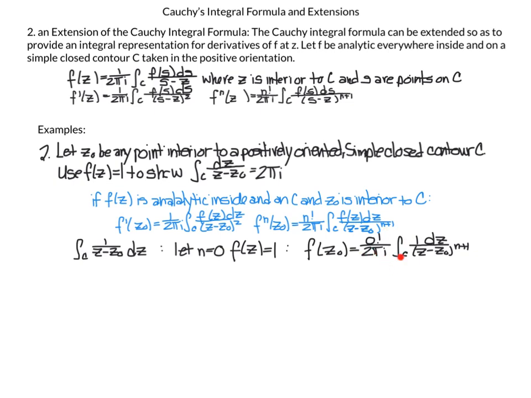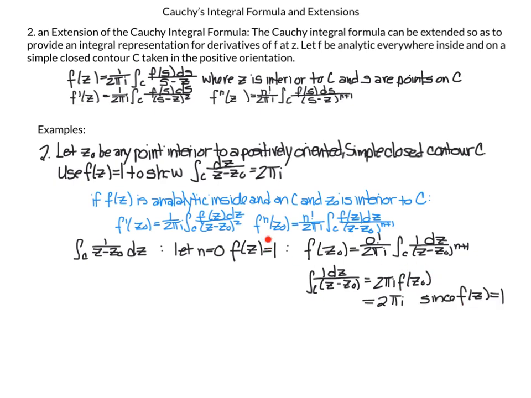My closed curve integral, my f of z is 1, and then my z minus z naught stays here, and then my n plus 1, n is equal to 0. And what that gives me, so I'm going to isolate the integral I'm interested in, so I move this 1 over 2 pi i to the other side, so I have 2 pi i, and again the 0 factorial is just 1, so 2 pi i times f at z naught.